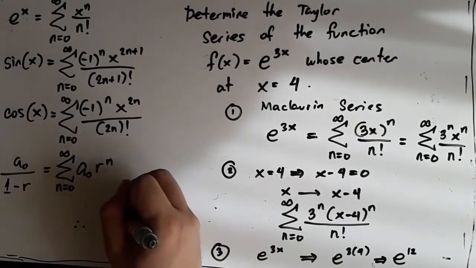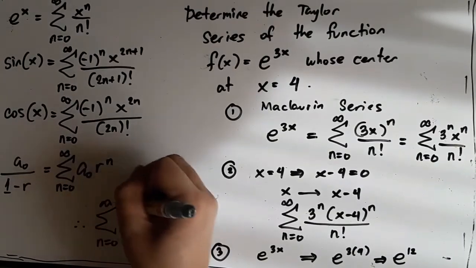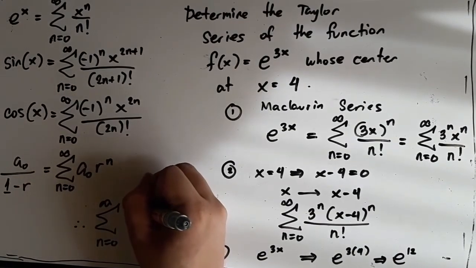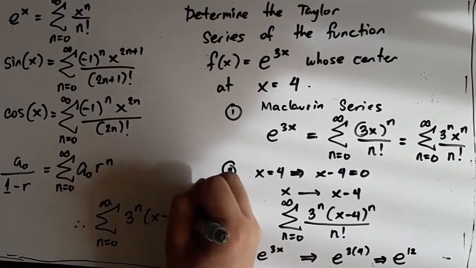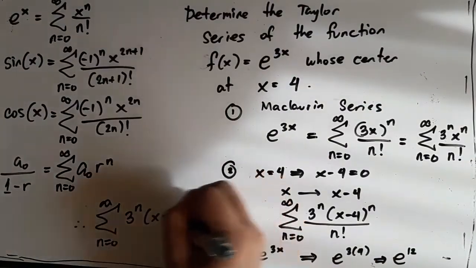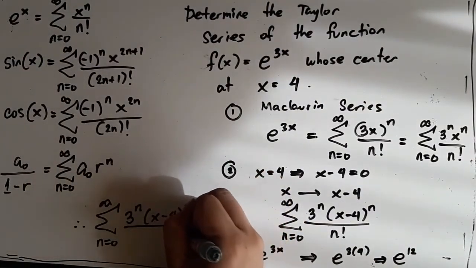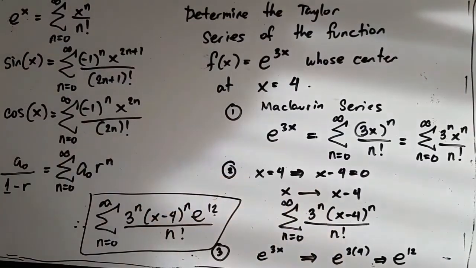Therefore, our answer will be summation of n equal to 0 up to infinite of 3 raised to n, x minus 4 raised to n, e to the 12 all over n factorial. This will now be our Taylor series of the function e to the 3x, whose center is at x equal to 4.